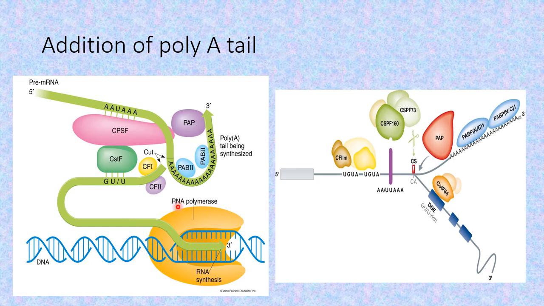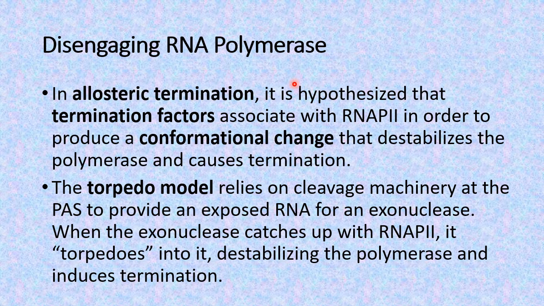So removal of this RNA polymerase may take place by any of the two mechanisms, or rather we may say that there are two hypotheses to explain the removal of this enzyme from the DNA double helix, from the opening up of this transcription bubble. This disengaging of RNA polymerase may be either by means of allosteric termination, that is, some termination factors may be involved.